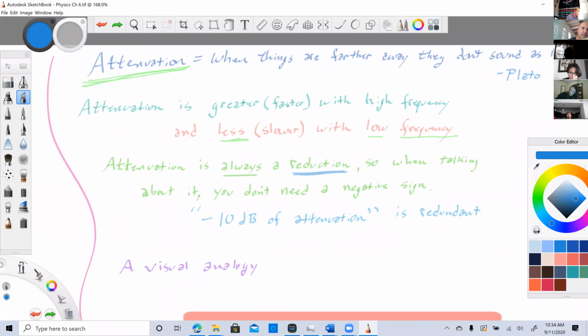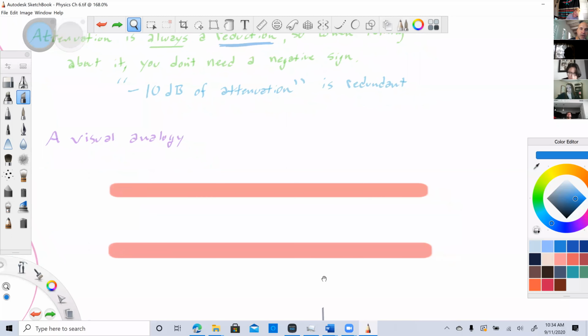Now, I saw this visual analogy, and I think it's pretty good as to what is happening with attenuation and why the higher frequencies attenuate faster. So I'm going to draw two frequencies going through tissue. Basically, these are both tissue layers.